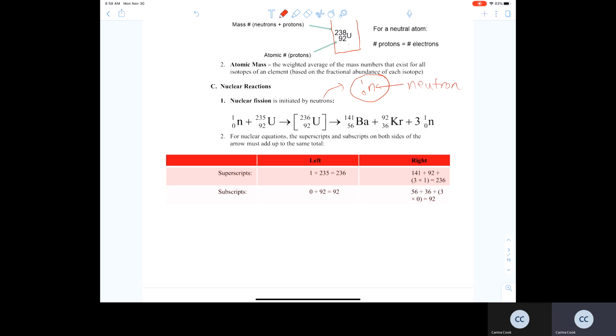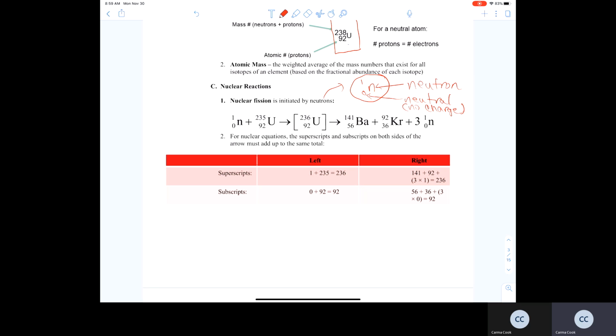So a neutron has a mass of 1, and a neutron is neutral. So it has no charge. No protons. So its atomic number is 0, and its mass number is 1.